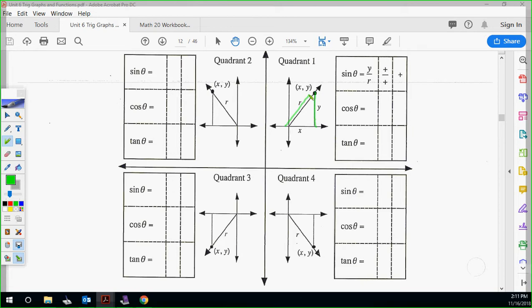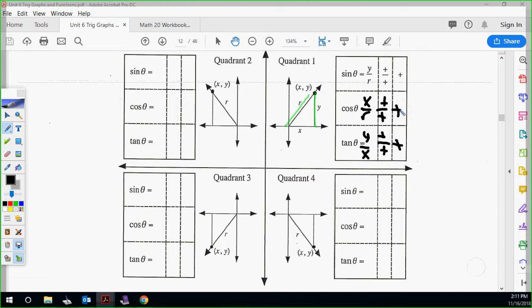R is always positive. We describe that as distance from the origin, so r just maintains a positive value all the time. So that's why it's plus over plus for y over r. We're also plus over plus for cosine, x over r. And then we're also plus over plus for tangent, which is y over x. So all these signs over here are positive.